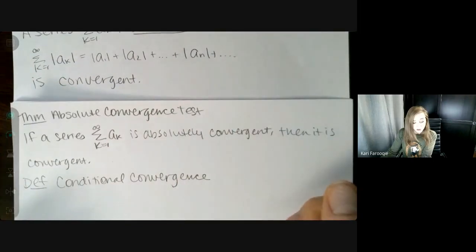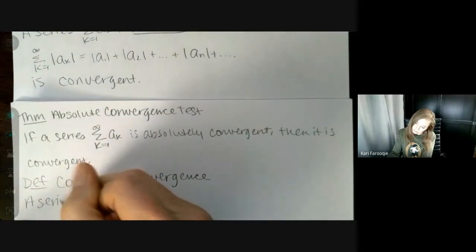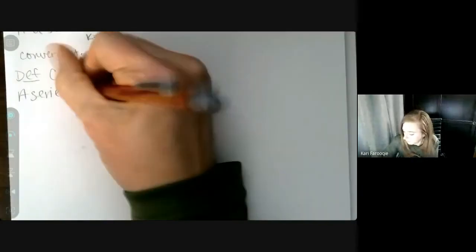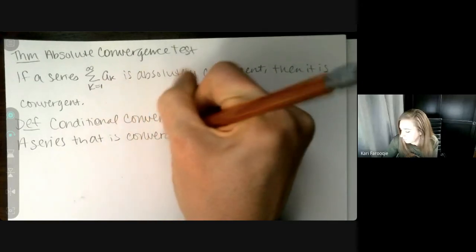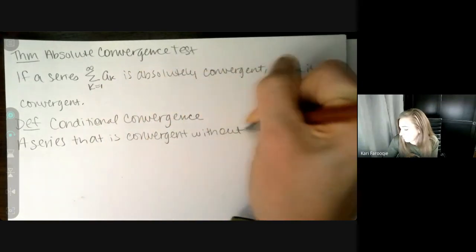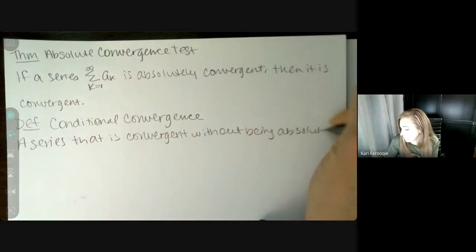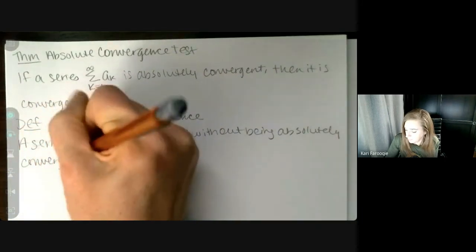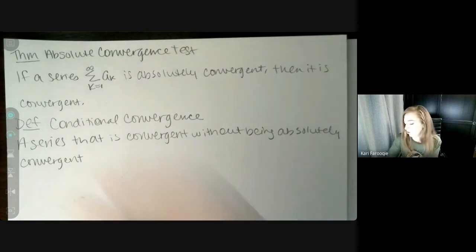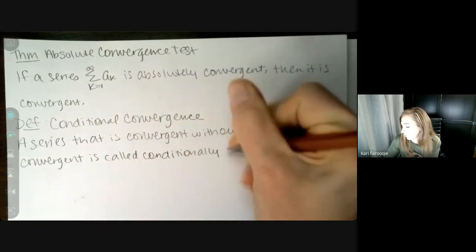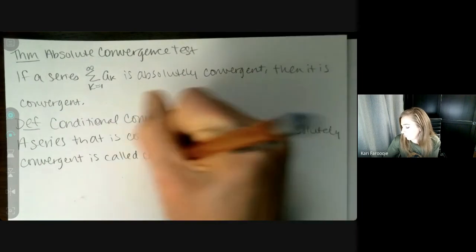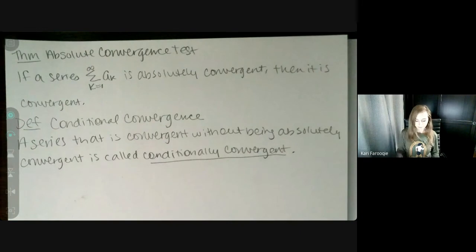A series that is convergent without being absolutely convergent is called conditionally convergent. Okay, and I'm going to give you a bunch of examples after this.